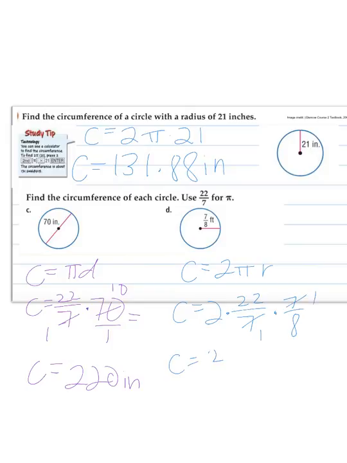So we have 2. 22 times 1 is 22. 8 times 1 is 8. Okay. 2 times 22 is 44. 1 times 8 is 8. And we could simplify that, dividing them both by 4. 44 divided by 4 is 11. 8 divided by 4 is 2.